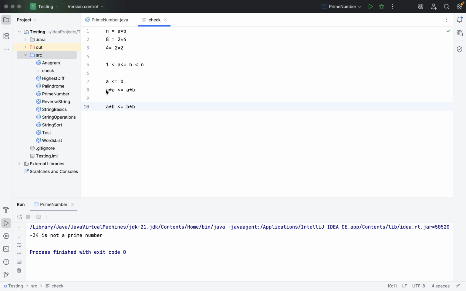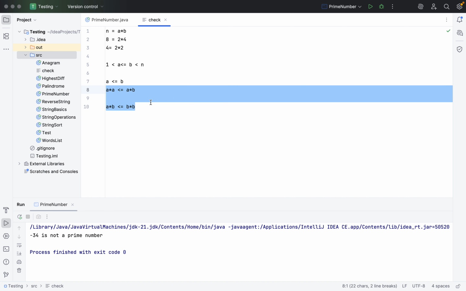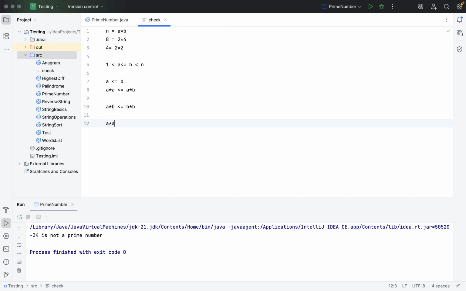If we combine both of these together, we have a squared less than or equal to a into b, which is less than or equal to b into b. Now if we take the square root, it means a is less than or equal to the square root of a into b, and that is less than or equal to b. So this is the relation.